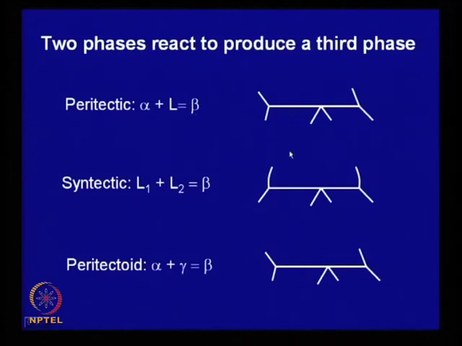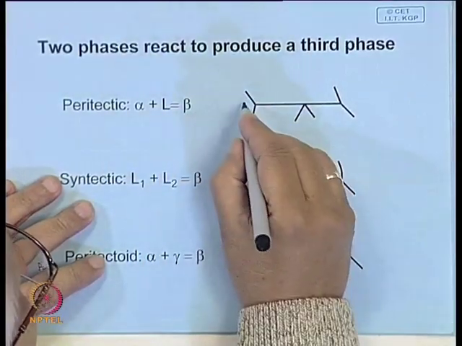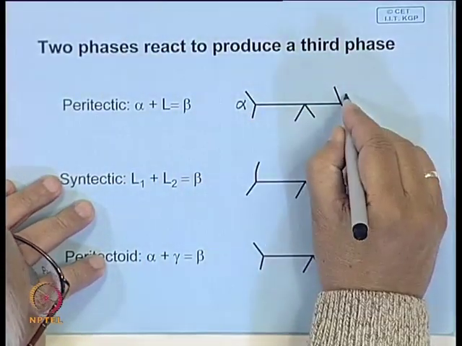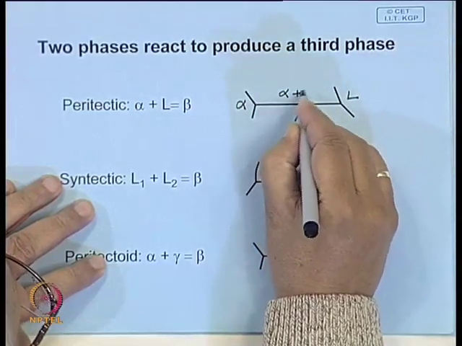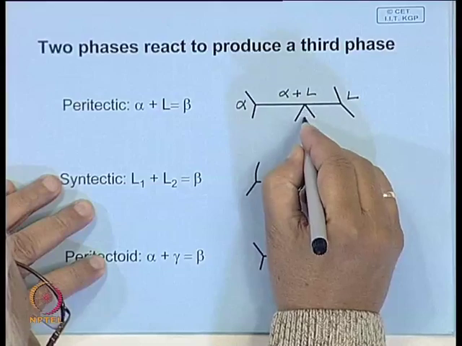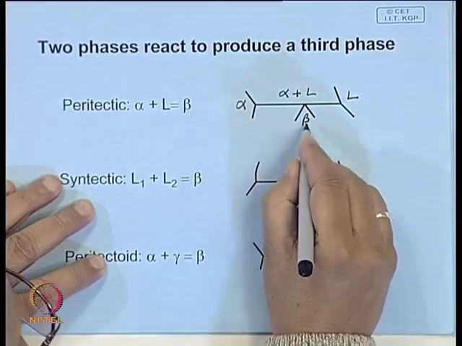Now, there are several variants of this, which you can derive in the same way as from that eutectic reaction. Like in this particular case, peritectic, here you have alpha, this side is liquid, and here you have alpha and liquid. These two react and form a different solid solution beta.